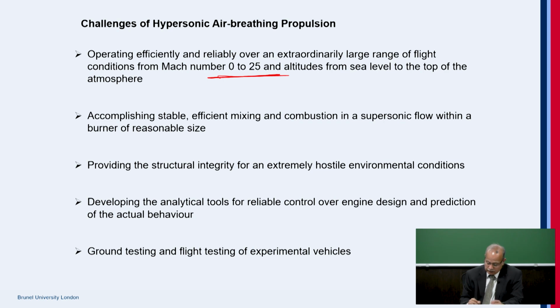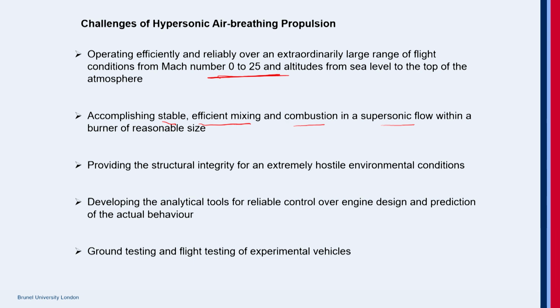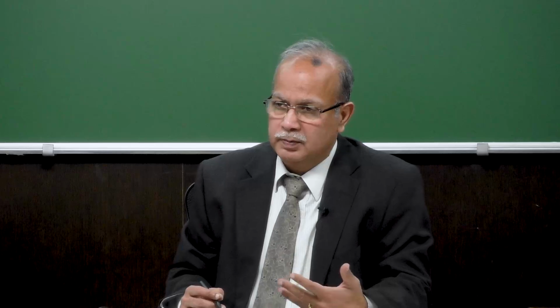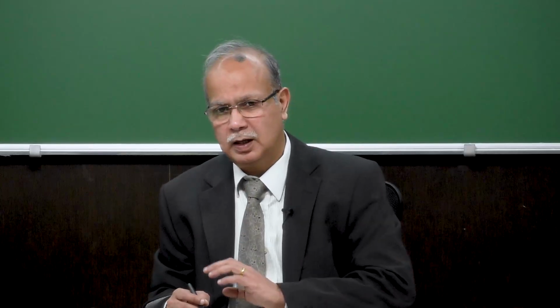And then other challenges, having a stable combustion, efficient mixing and combustion in supersonic flow with a very finite volume is again a big challenge. That's why one of the things to overcome this is to go for high energy content fuel, preferably hydrogen is used there, because it has a higher calorific value.